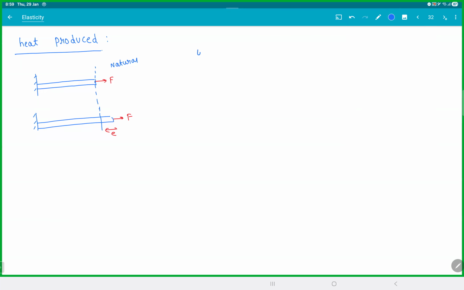The work done by external force is simply force F into e. I don't care about tension. I don't care about anything else. It is force into the displacement of the point where you applied the force. And that point has moved distance e.